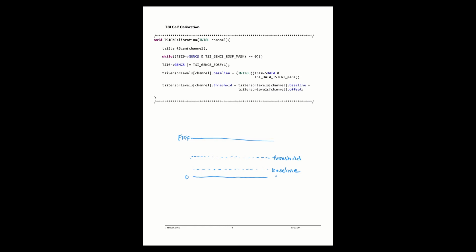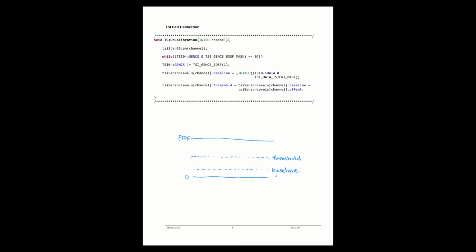I can imagine a system that changes dynamically, and I'm sure things like your iPhone change dynamically as it looks at the weather and the response to the touchpad and stuff like that. And so in that case, the offset might be a variable. So that's why I put it as a member in the structure, even though we're just looking at this offset as a constant. And what I did is I experimented with several touches and set an offset.